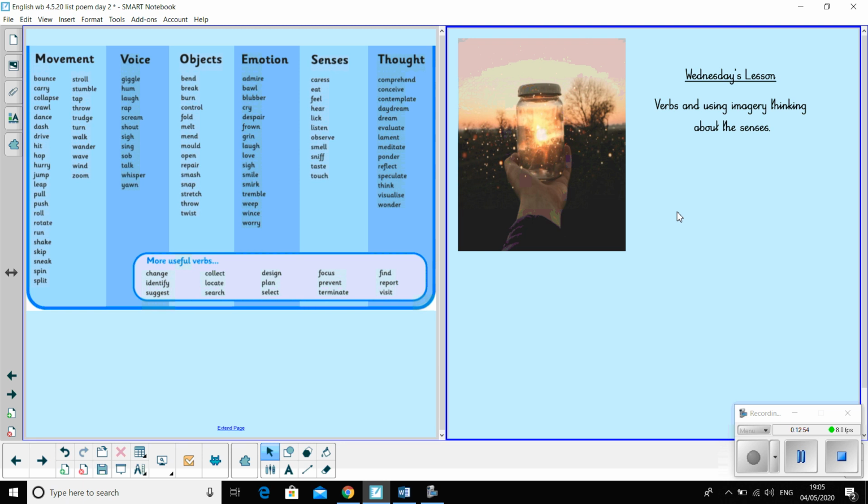A jar, a bottle, a container of some sort. It's transparent, as I thought a really good activity to do would be to decorate your own wishes and dreams jar, and you could then put your writing in at the end of the week. So that's just an additional activity that you could do to present your poetry.